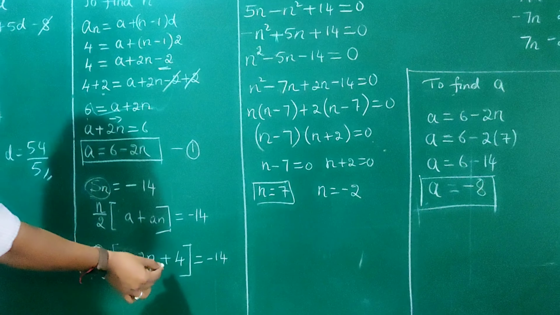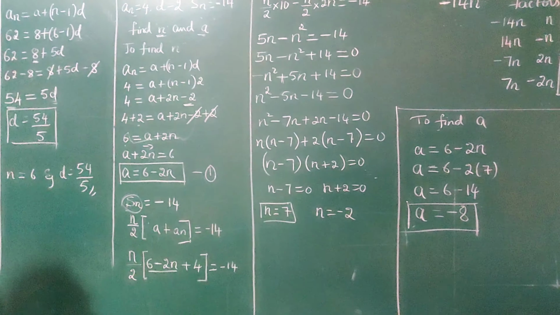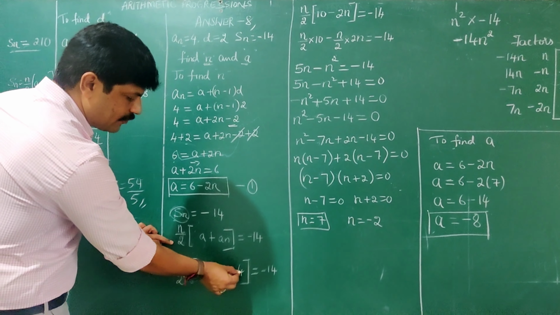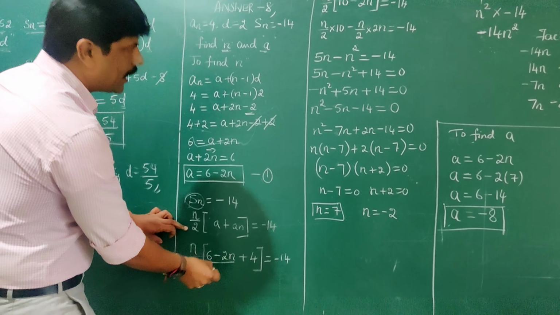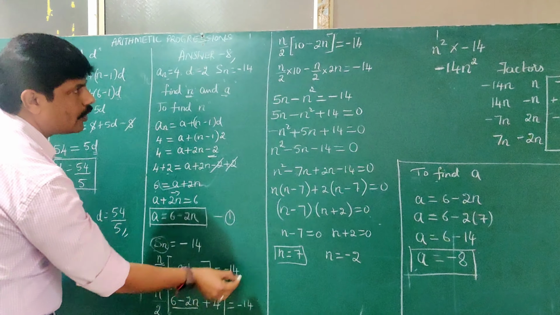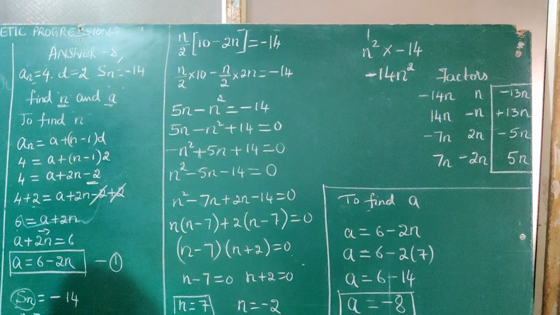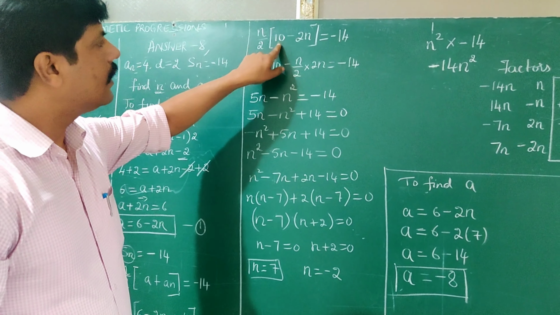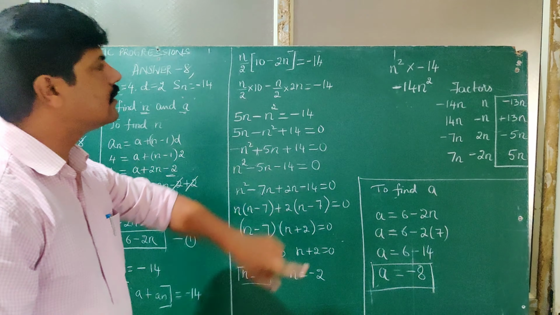It's given here, substituted here. Is equal to minus 14. Okay, children. Now plus 6 plus 4 is 10. Here it becomes 10 minus 2n. The next step becomes n by 2 into 10 minus 2n is equal to minus 14.